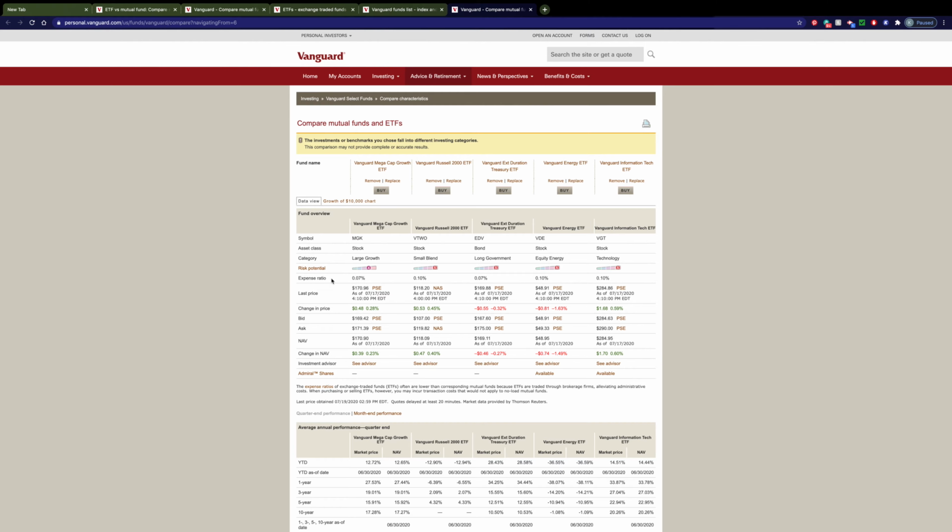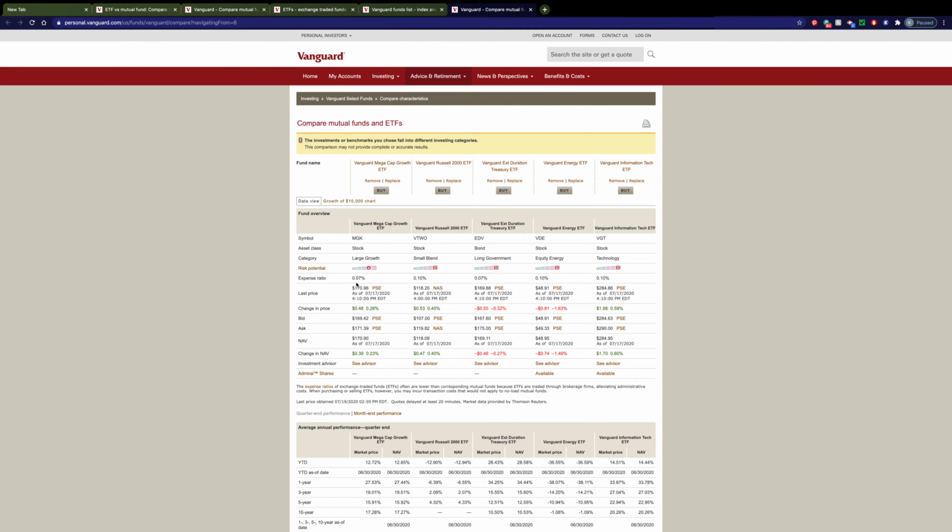Another thing it shows is the expense ratio. I mentioned that you'll pay a fee to the fund manager. The lower the fee, oftentimes the better, since more of your own money is being invested and not paid to someone else. Now, oftentimes you get what you pay for too, so you'll have to weigh whether an expense ratio is worth it to you in order to get a higher return. But this is what you'll pay.